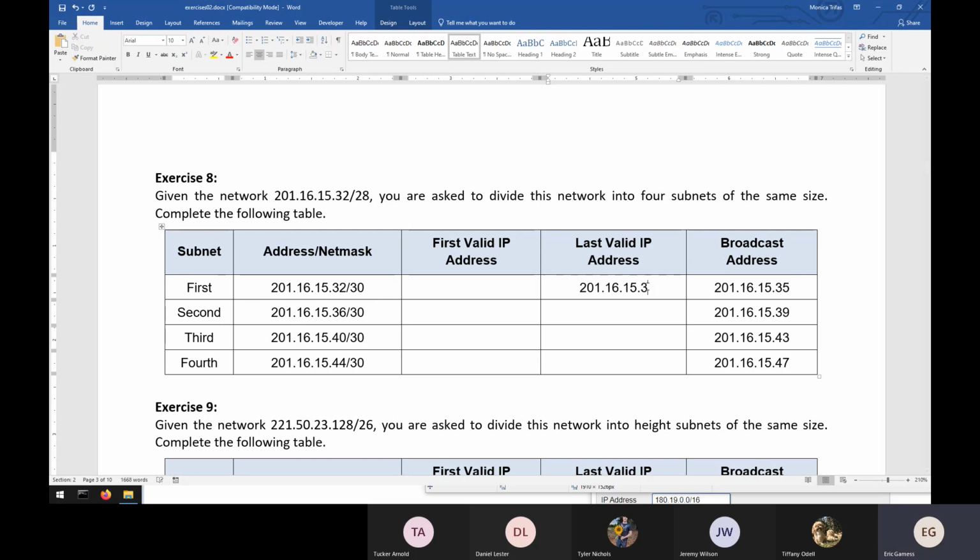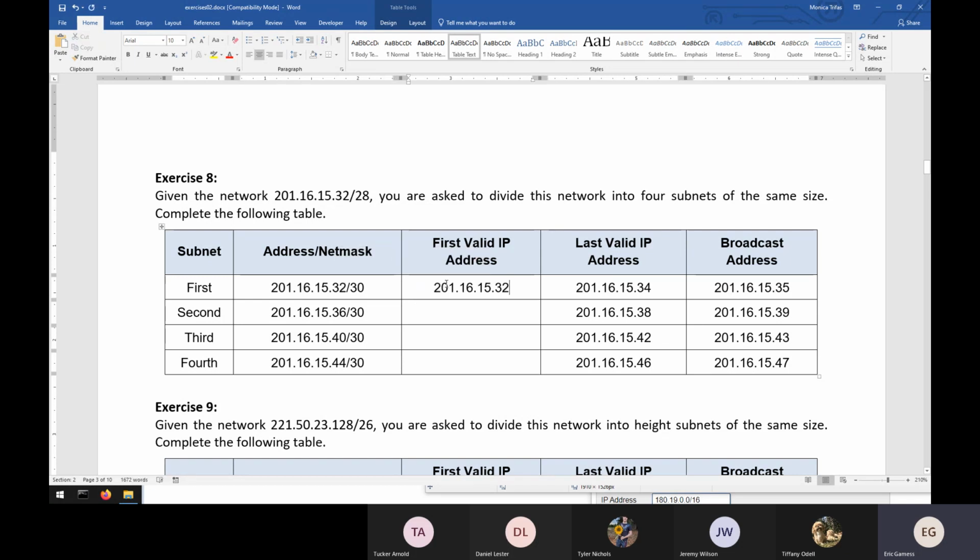Okay, if I do the last valid IP address, what is one IP address before this one? It will be 34. What will be the IP address before this one? It will be 38. What will be the IP address before 43? It will be 42. And the IP address before 47 will be 46. Now, the first valid IP address is the IP address after the network address. So this is the network address.